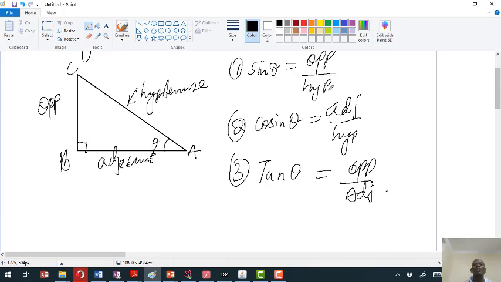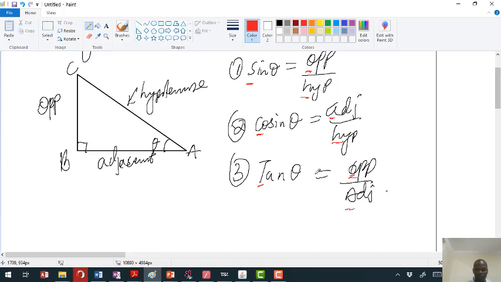I take the first letters of each: this one and that, then this one and that, this one and that.